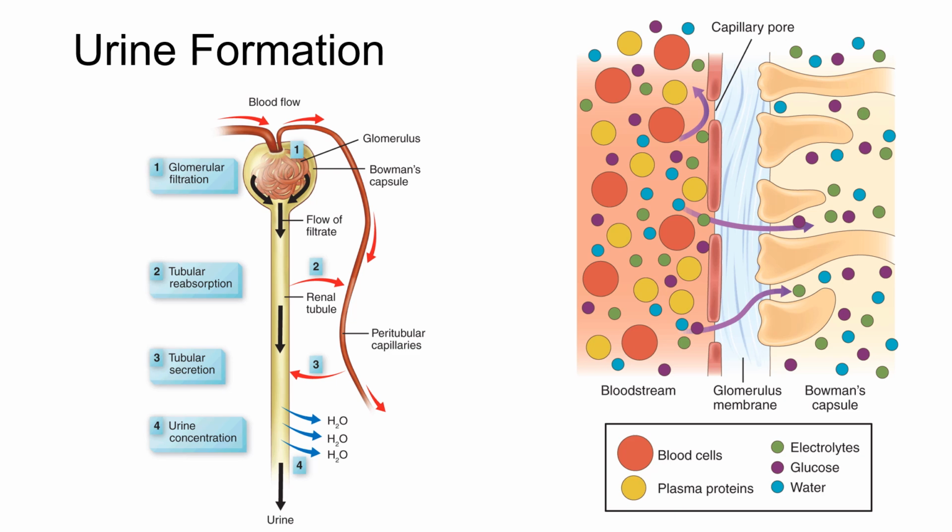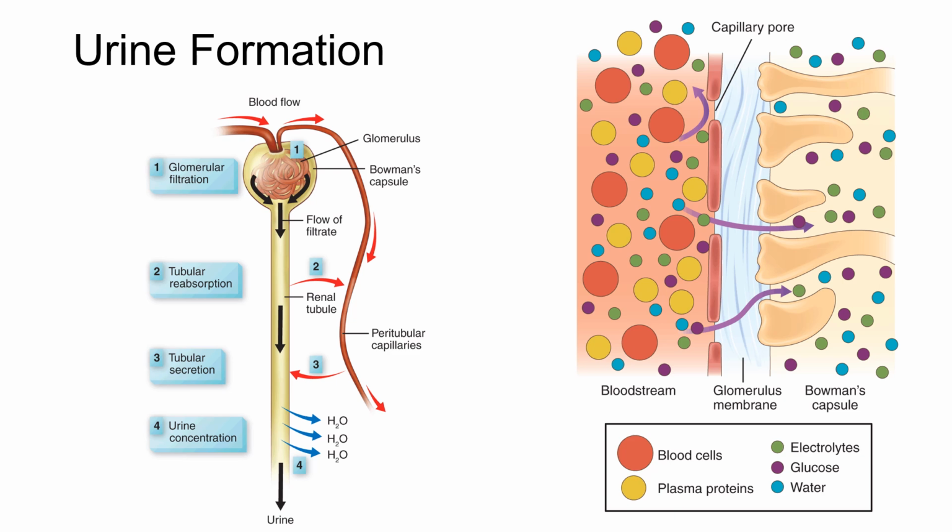This is a depiction of urine formation. On the left-hand side, it starts with glomerular filtration, then tubular reabsorption, tubular secretion, and urine concentration. On the right-hand side, you see a picture of the glomerular filtration membrane. As blood enters those capillaries of the glomerulus, the glomerular filtrate is formed.